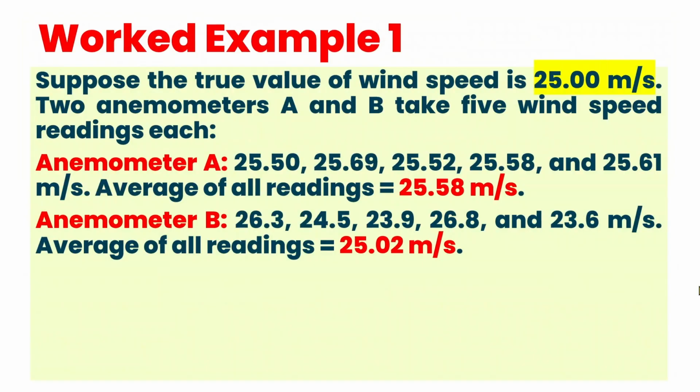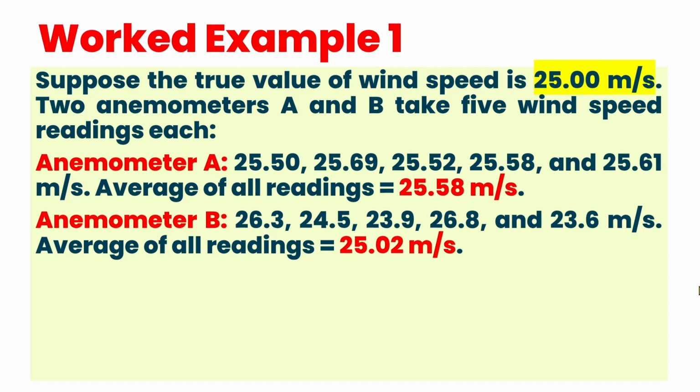Suppose the true value of wind speed is 25 meters per second, and we have two anemometers, A and B, and they take 5 wind speed readings each. Anemometer A reads 25.50, 25.69, 25.52, 25.58, 25.61 meters per second.